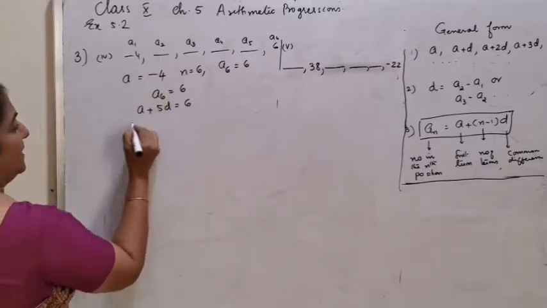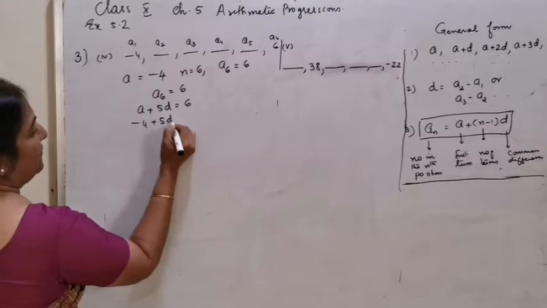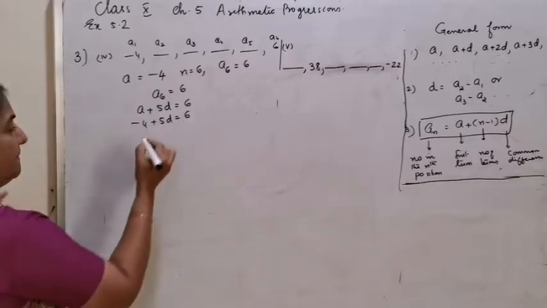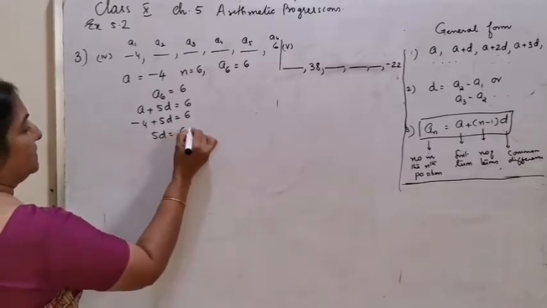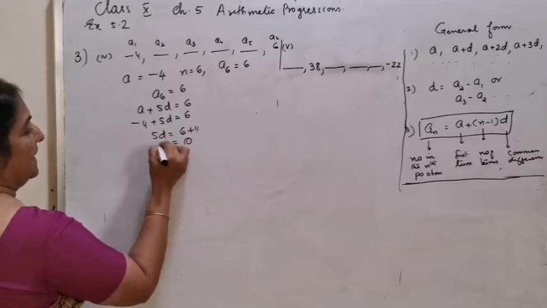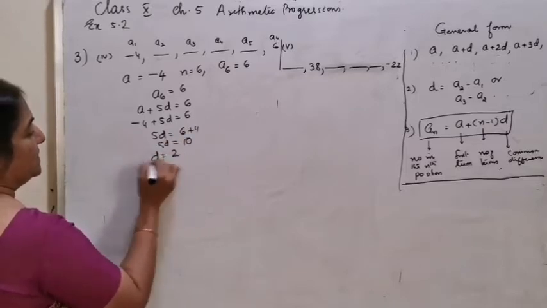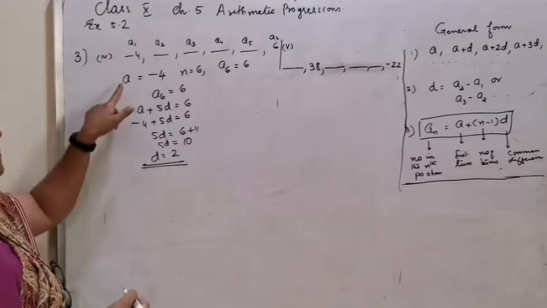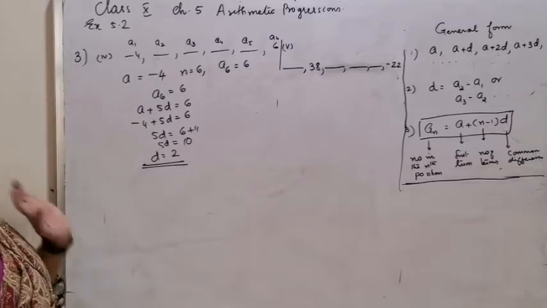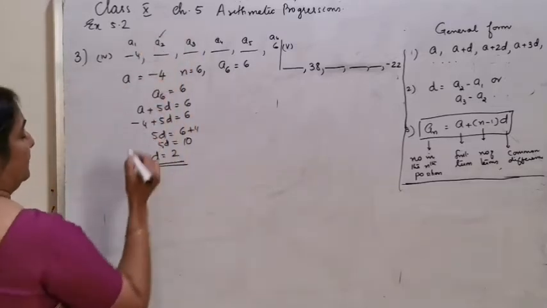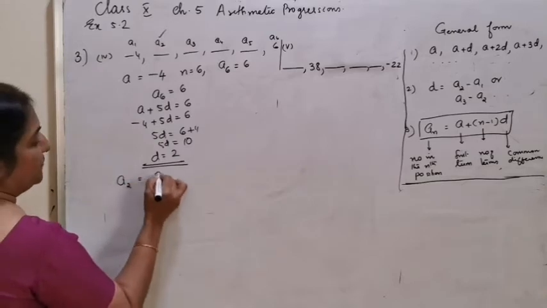You know the value of A as minus 4 plus 5D is equal to 6. 5D is equal to 6 plus 4 is equal to 10, or D value is 10 by 5, 2. Now, you know the value of A, you know the value of D. You have to find out what is A2. What's the formula for A2?